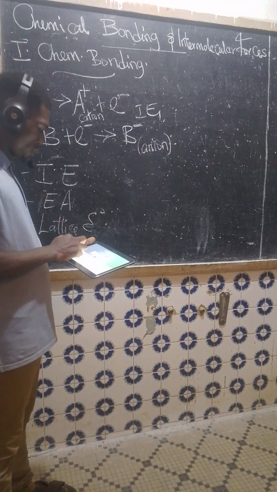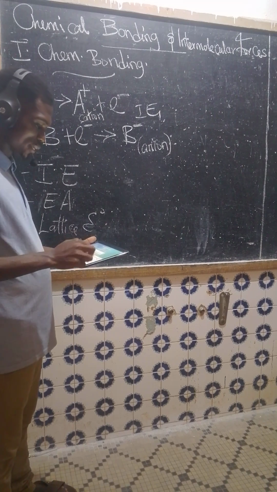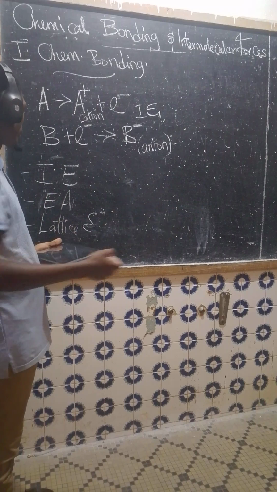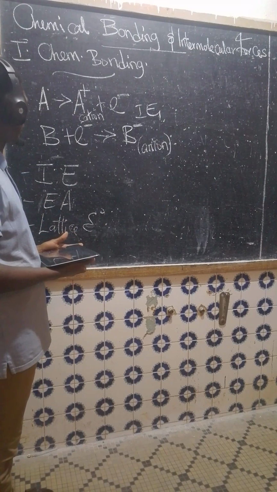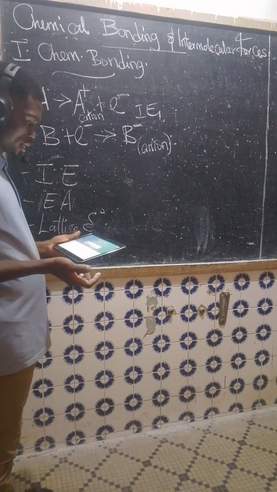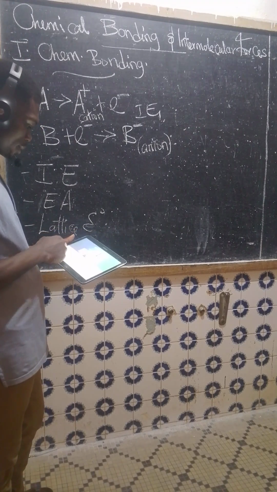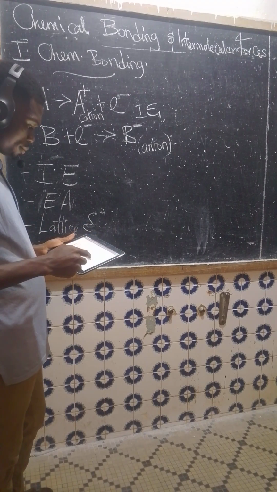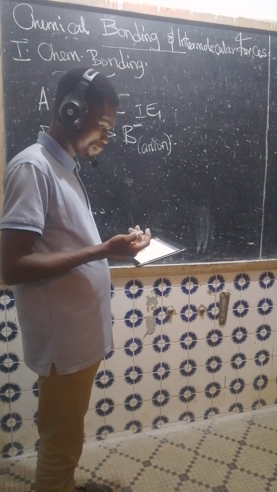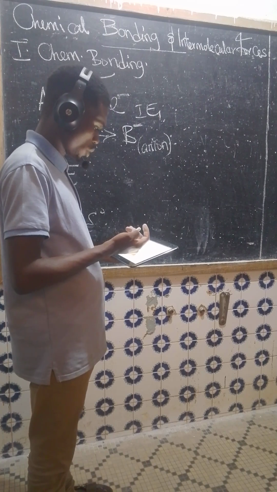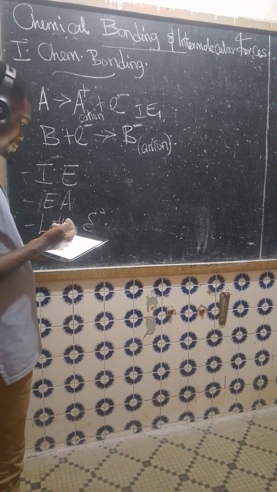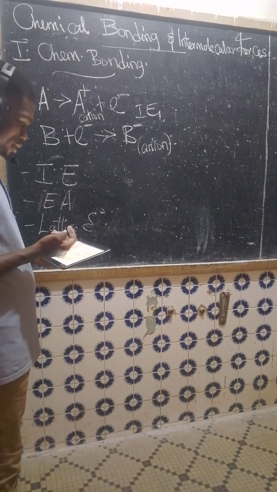For electron affinity, the higher the electron affinity, the higher the tendency for the formation of ionic bond. Then we have lattice energy.